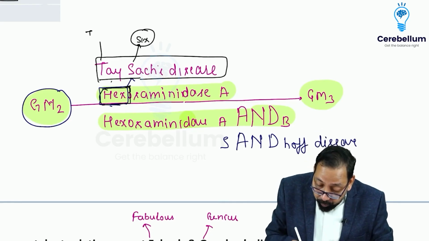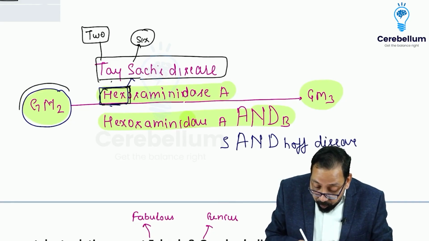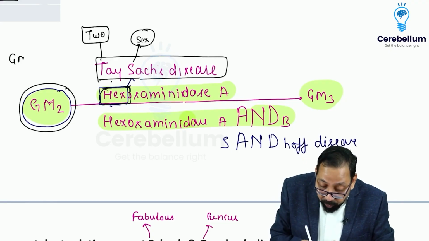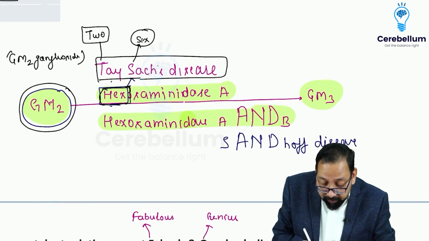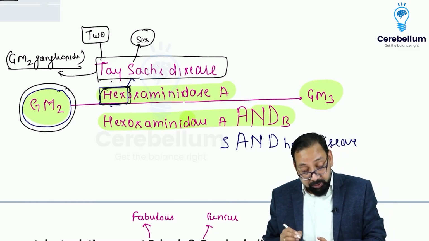In Tay-Sachs disease, GM2 ganglioside will not be metabolized and there would be GM2 gangliosidosis. In Tay-Sachs disease, another name is GM2 gangliosidosis.